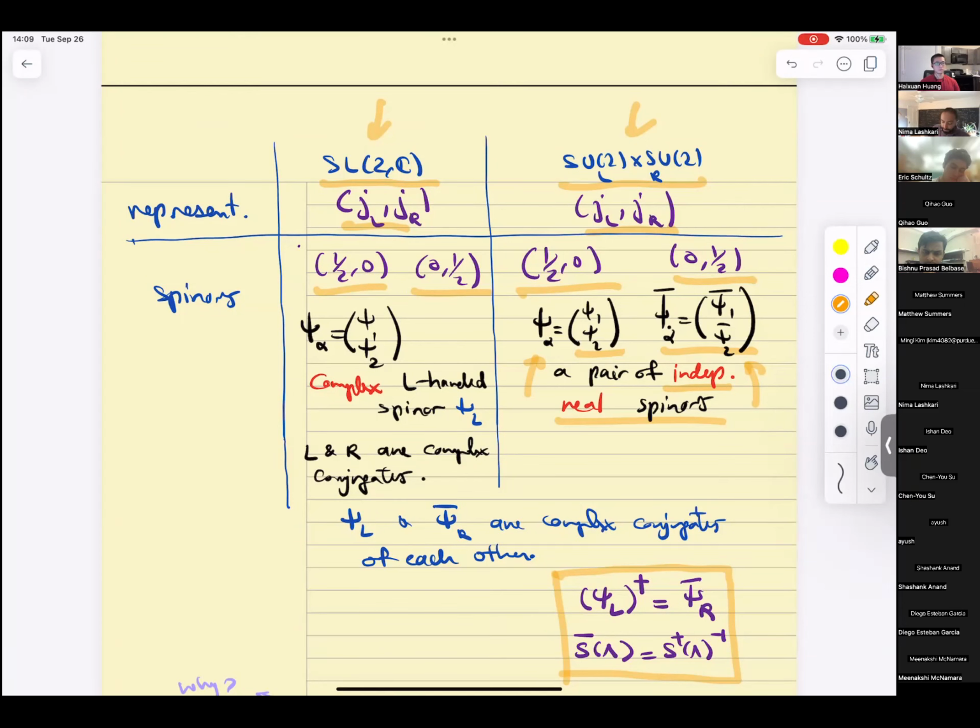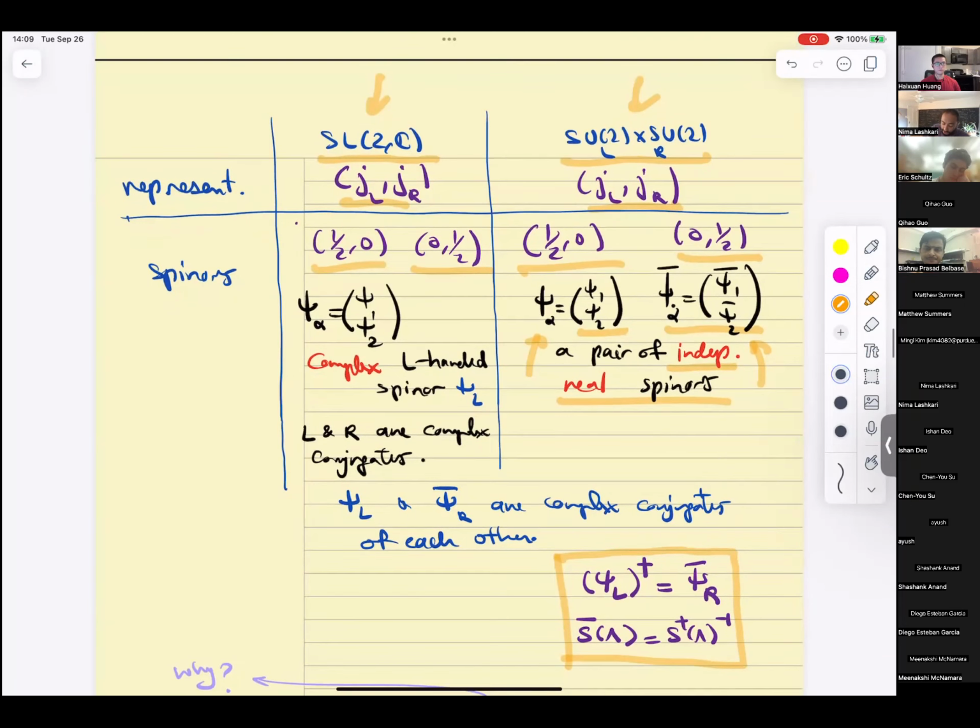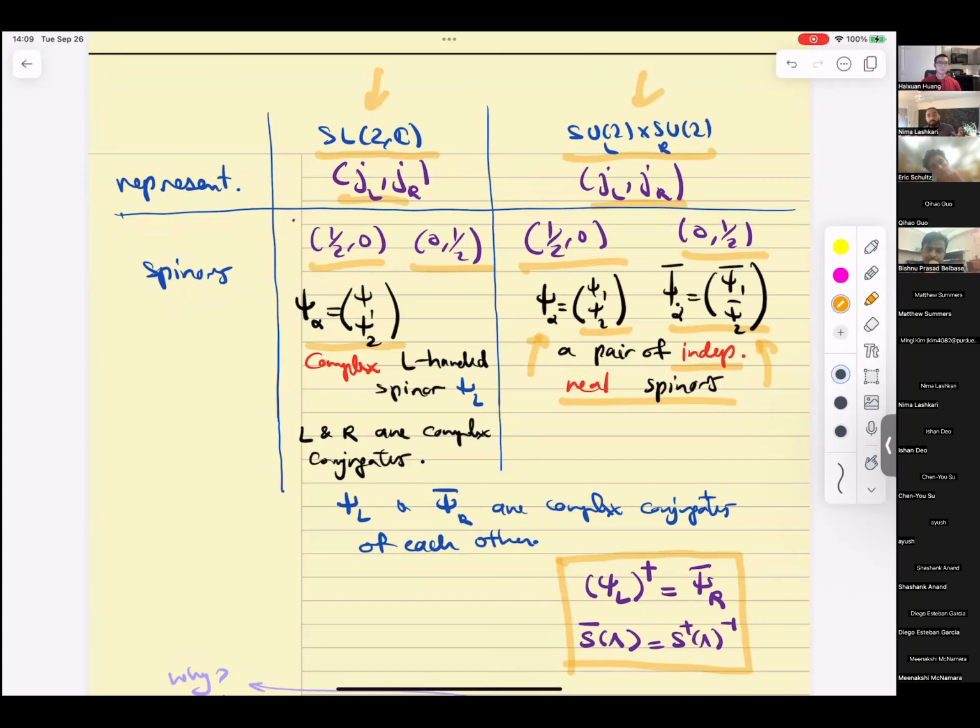The distinction between this and the Lorentzian theory is that your left Weyl mode is actually complex. It's a vector of two complex fields. And the right and left are no longer independent, but they're complex conjugates of each other. Think about it in the same language as, let's say you have two scalar fields, phi1 and phi2, and you can write down the action for phi1 plus the action for phi2 as phi1 and phi2 are independent, or packaging them as phi1 plus i phi2 and working with the field and its complex conjugate.